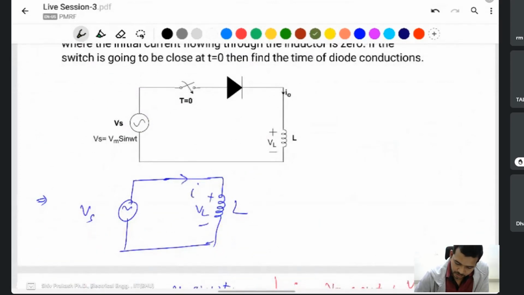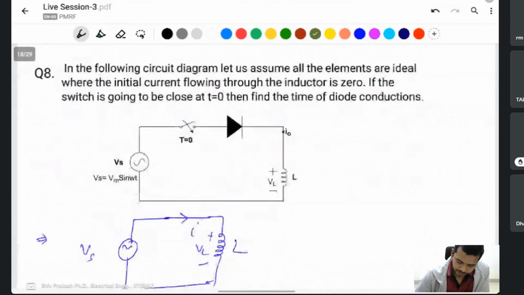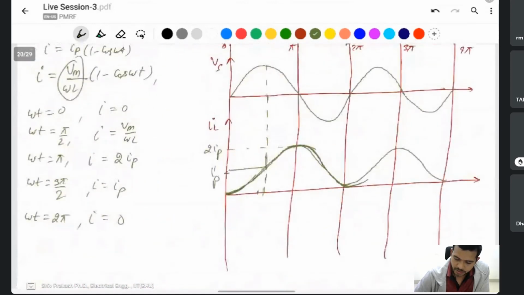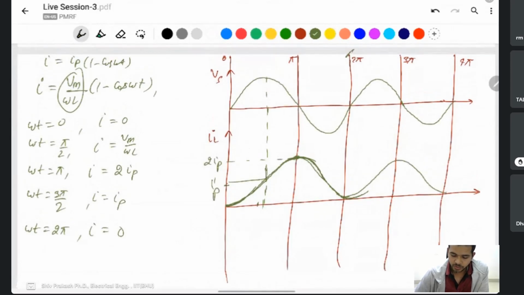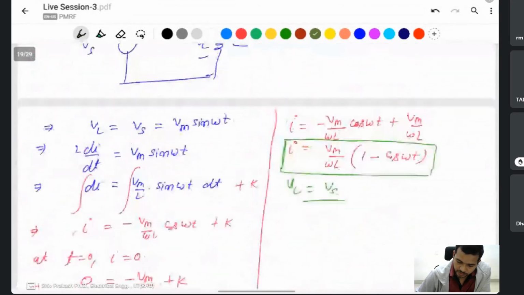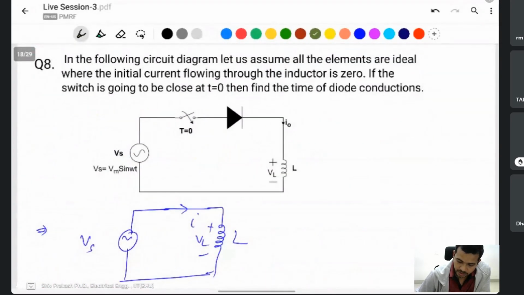Because of the sudden change in current at pi, the current magnitude is double, and the inductor current cannot suddenly go to zero. That's why the diode stays continuously on, and the conduction is 360 degrees.